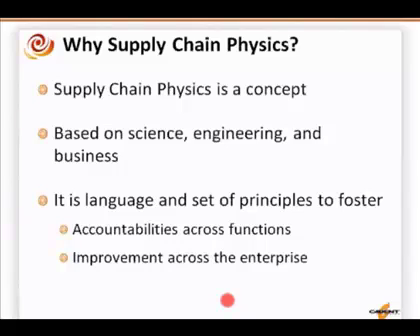Why supply chain physics? As we discussed last time, it's a concept based on science, engineering, and business. What we're presenting here really is a language and a set of principles to make sure that we have accountabilities across the various functions of our corporations and businesses, and also to foster improvements across that entire organization or enterprise.